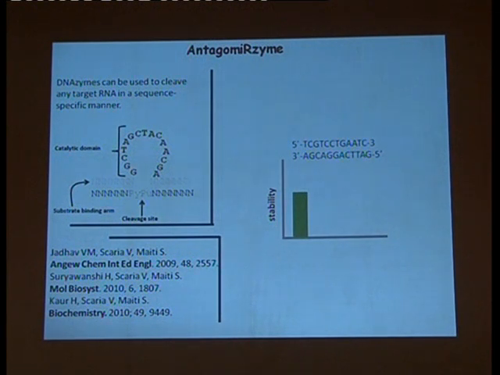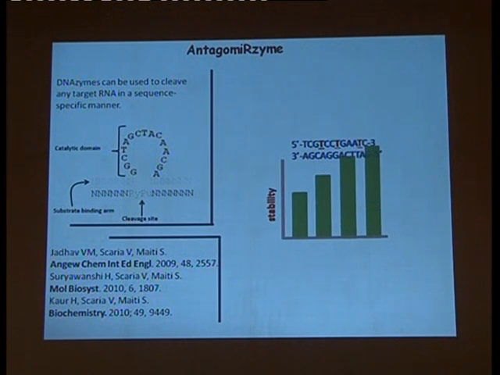You replace one base by locked nucleic acid, say here T, and the stability goes up. You can replace and replace, it will go up and then it will be saturated. So, 50% of the natural bases can be substituted by these chemically engineered bases, and up to a certain level you can increase stability by almost 10 to 15 degrees centigrade.